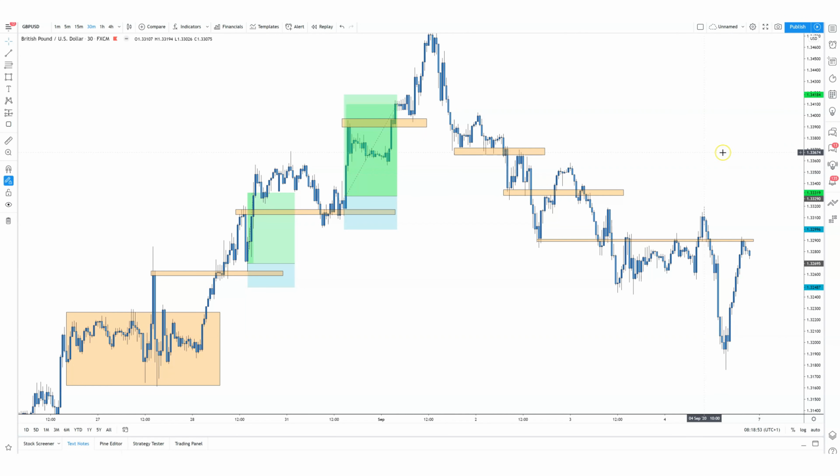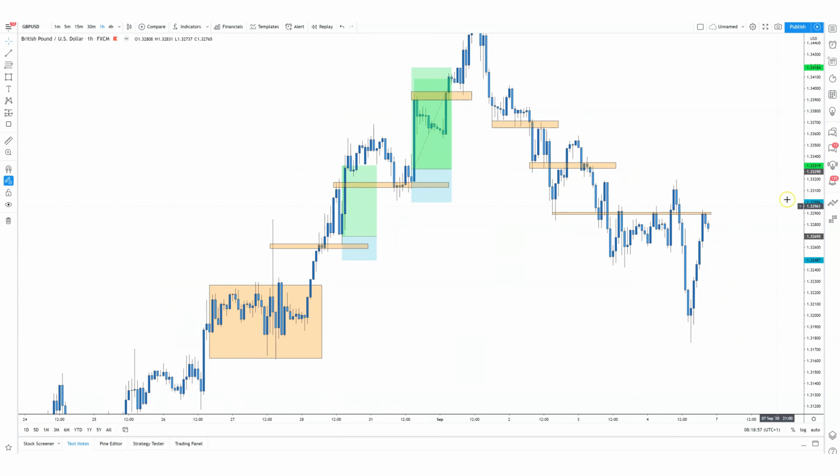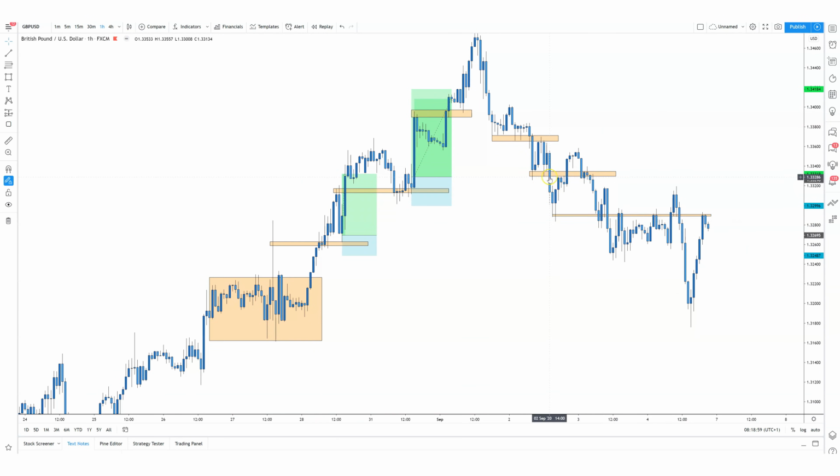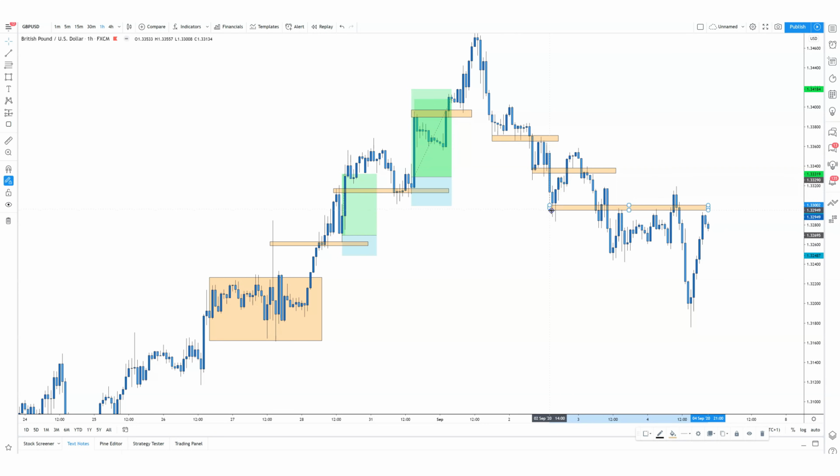Now this is the 30-minute time frame. This also can be applied to the hourly time frame, and all you have to simply do is use the hourly key levels to identify how price is reacting, and you place your levels at the low or high of the bodies. And what you want to do is account for as many wicks as you can within reason, because remember, this is an area in the market.